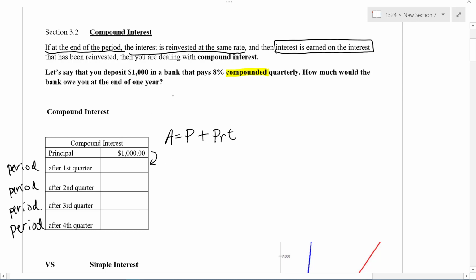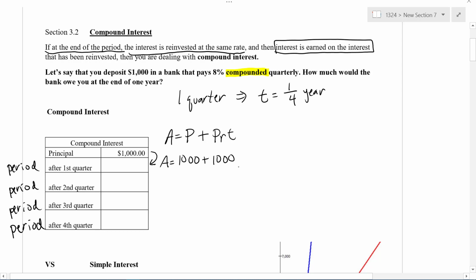Since we're talking about 1 quarter at a time, what length of time is that? Remember that 1 quarter is 1/4 of a year, and our t-value has to be in terms of years. The original principal is $1,000, so we'll set P equal to 1,000.